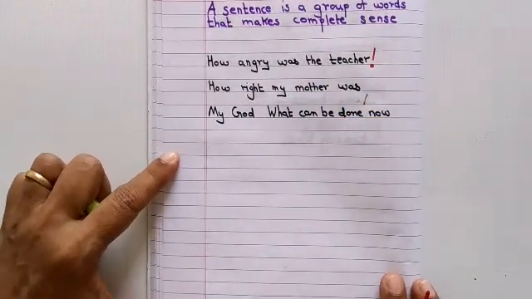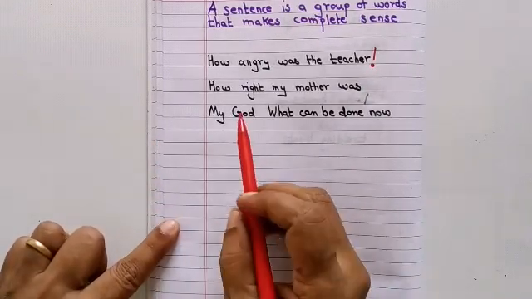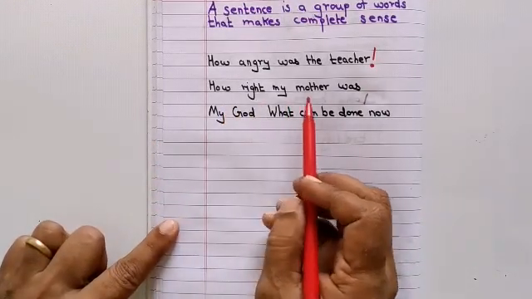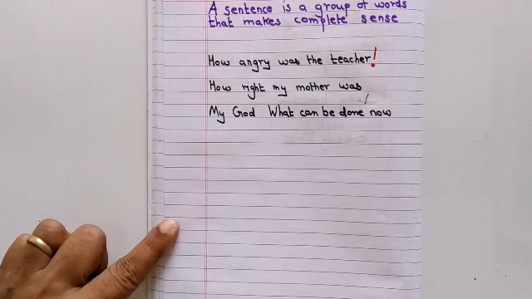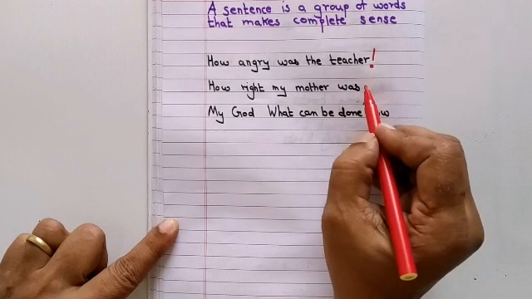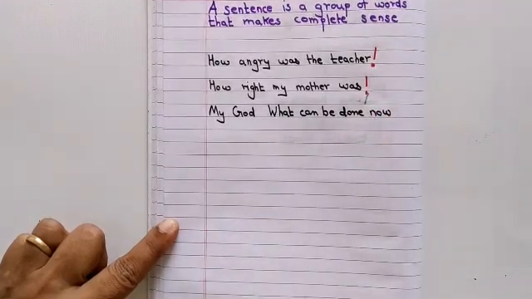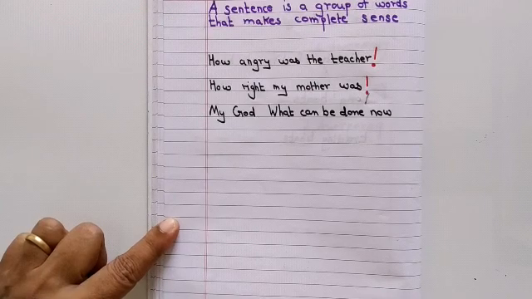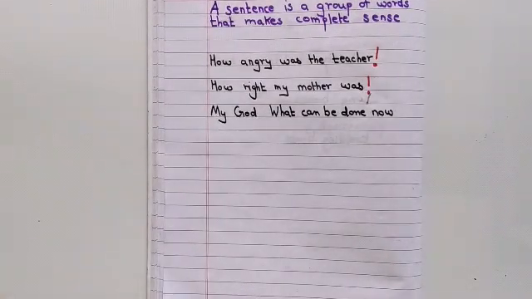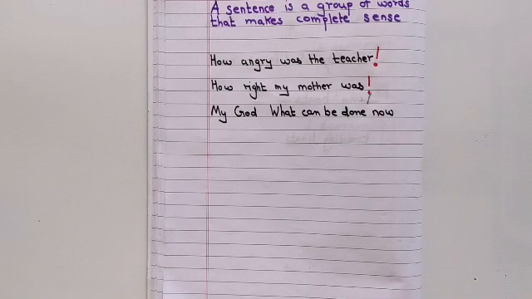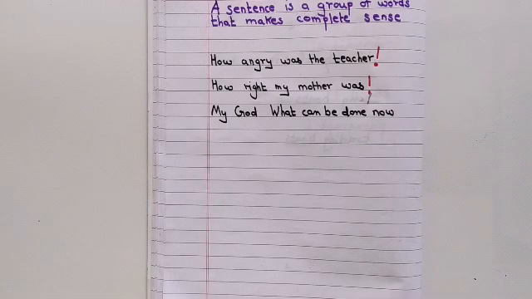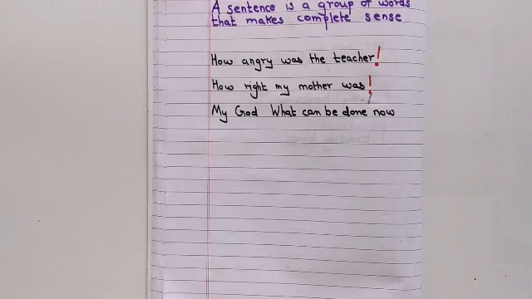Now read the second one. How right my mother was. So what will come here, children? Again an exclamation mark. Now see the third one, children. Take time. See the third one carefully. Read it aloud and tell me where would you put an exclamation mark.